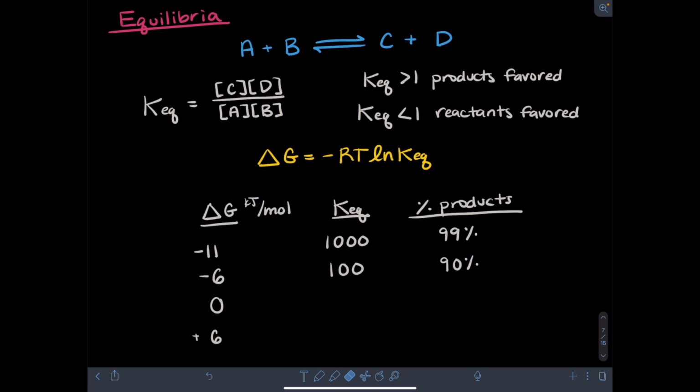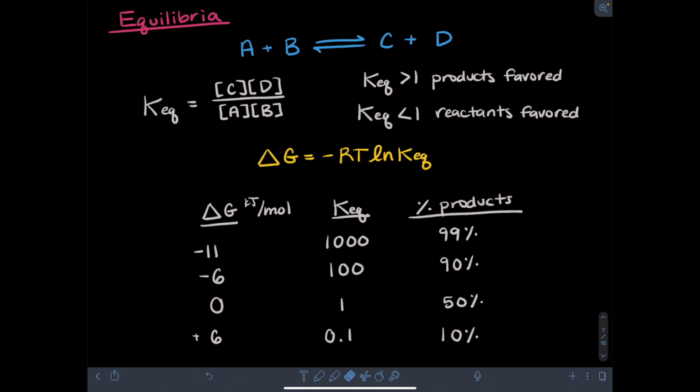If delta G is less negative, or negative 6, KEQ is smaller, but still greater than 1, and this corresponds to 90% products present. If delta G is exactly 0, you'll have KEQ equal to 1, and this will mean you have equal amounts of starting material and products present, or 50% products.